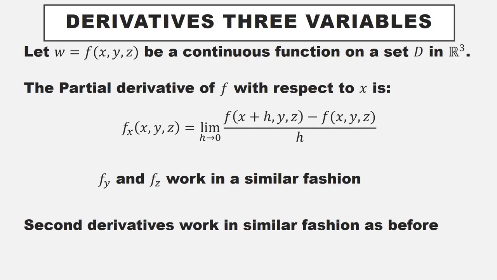And we do it the same way as we always do. If we're doing a partial derivative with respect to x, we do the f of x plus h, and we keep y and z constant. And we take the limit as h goes to 0 of this fraction.